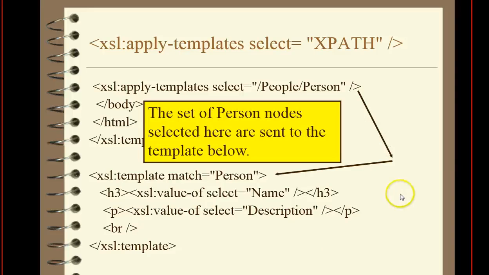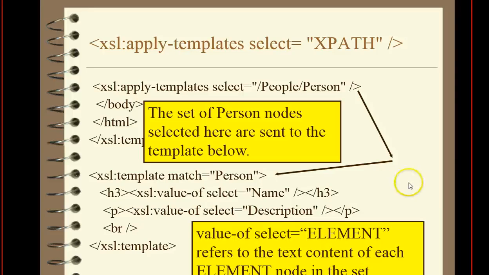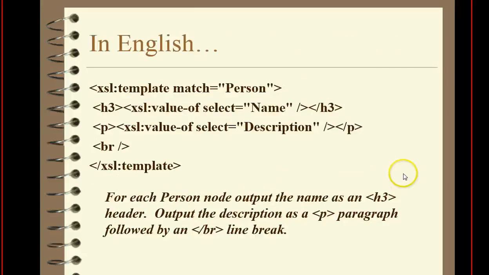So the set of person nodes selected here will be sent to the template one at a time. And then again, the value of select element is the child element of the person node. So it's going to be here, name and description. Okay? So in English, for each person node, output the name as a level 3 header, output the description as a paragraph, follow that with a BR line break. Okay?